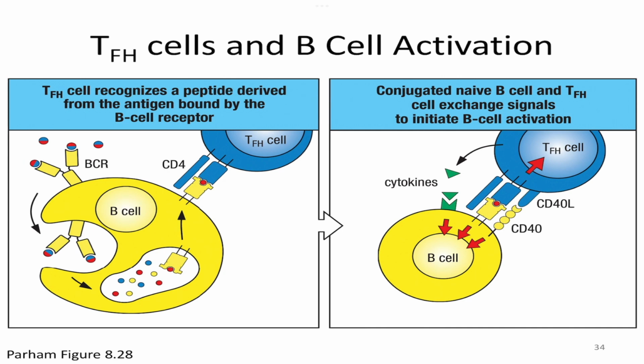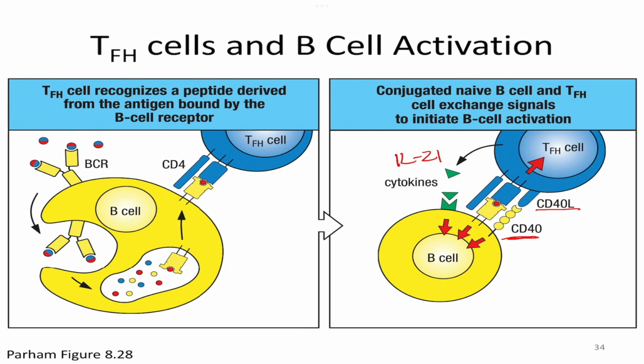And now that T follicular helper cell will both produce CD40 ligand to activate CD40 on the B cell, and that T follicular helper cell will also produce cytokines. As you saw earlier, that T follicular helper cell is likely producing the cytokine IL-21 in order to help fully activate that B cell.